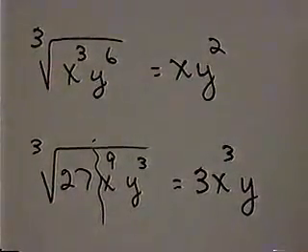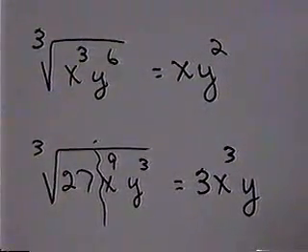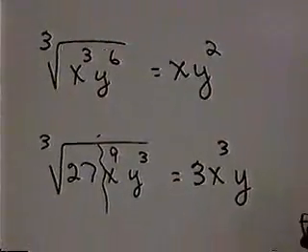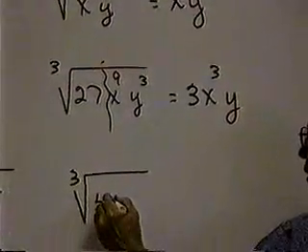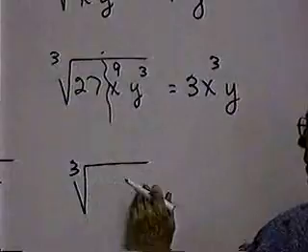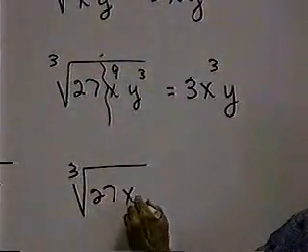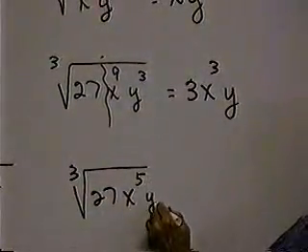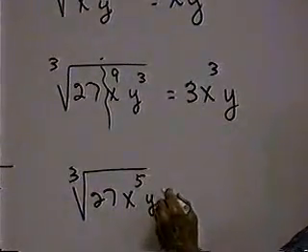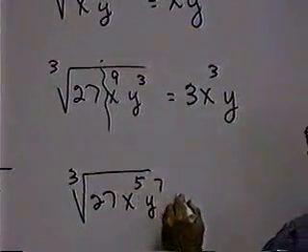Now, let me look at these two examples. I'll go ahead and stay with 27. 27 x to the 5th, y to the 7th.